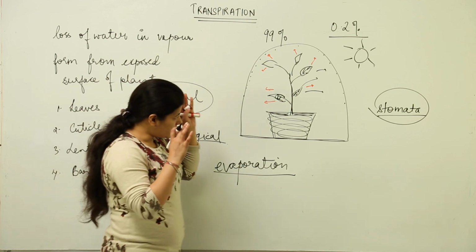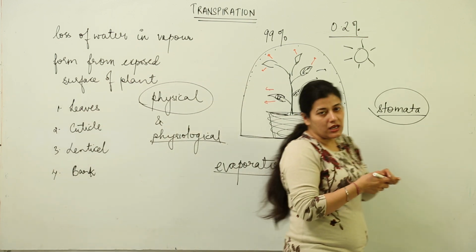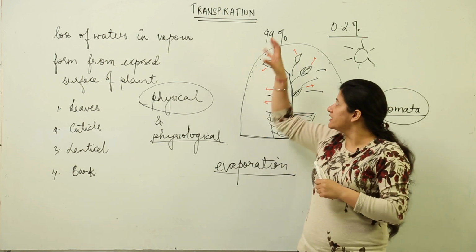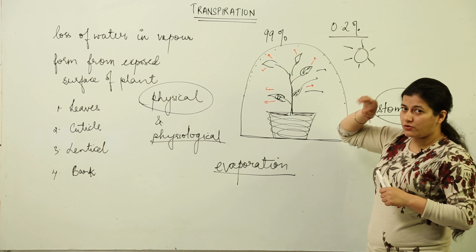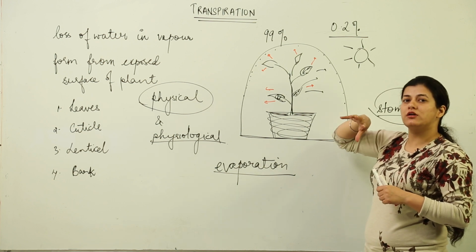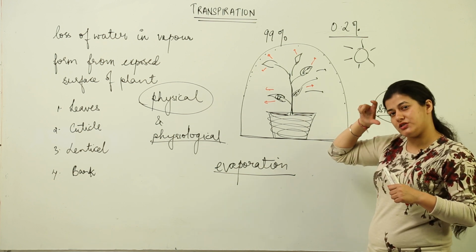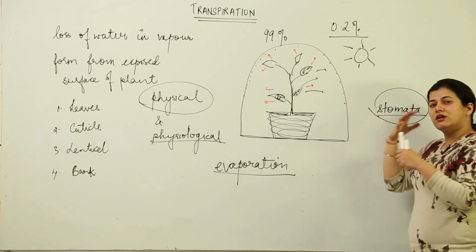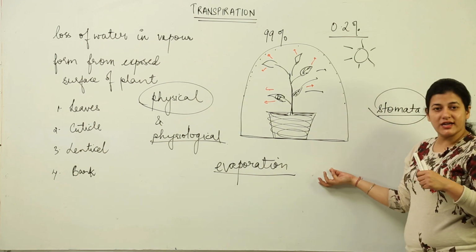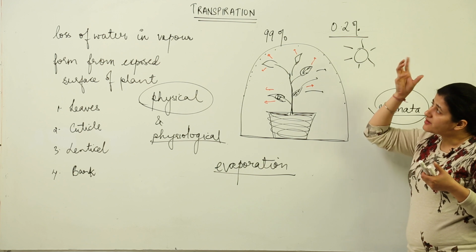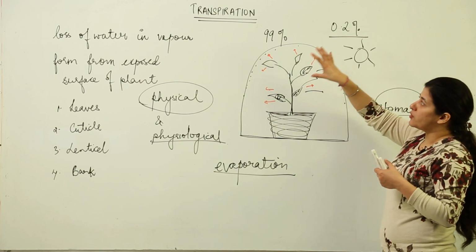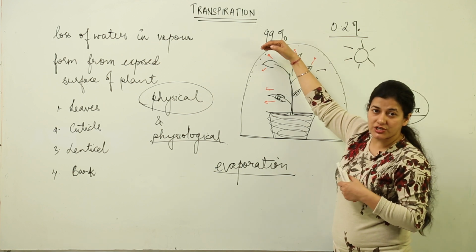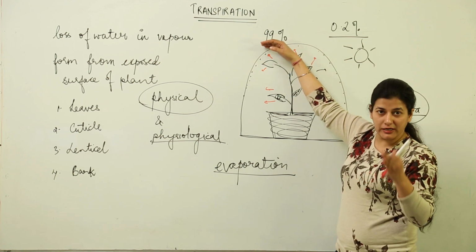So in this transpiration activity, as you can see, whatever water is being absorbed is being given out into the atmosphere, so it is called a necessary evil. You read about friction in your study of physics, and you say that friction is very, very important. It is providing loss as well as it is necessary. So transpiration is also that kind of necessary evil, which is responsible for getting rid of as much as 99% of the water that the plant takes up.